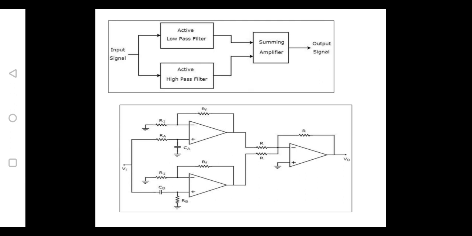Similarly, for high pass, the input is a capacitance and the output is a resistance. So we need to draw a low pass filter and a high pass filter separately. Both filter inputs should be given to a common input, and the outputs of these two should be connected to a summing amplifier, which will perform the operation of addition of the low pass filter and the high pass filter.